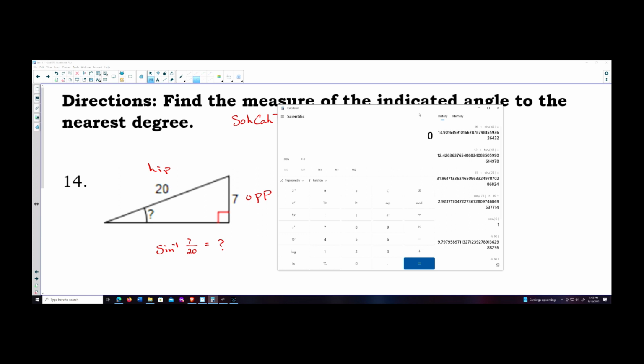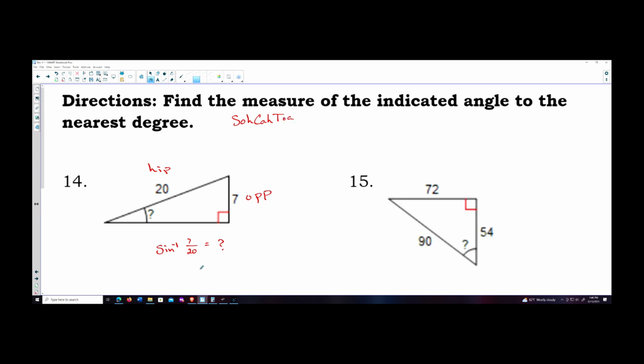Once we clear it, we put 7 divided by 20, in parentheses in my computer's calculator, and we want the inverse. So there it is. It's 20.4, so that would be 20 degrees. 20 degrees would be my answer for that, because I'm rounding to the nearest degree.